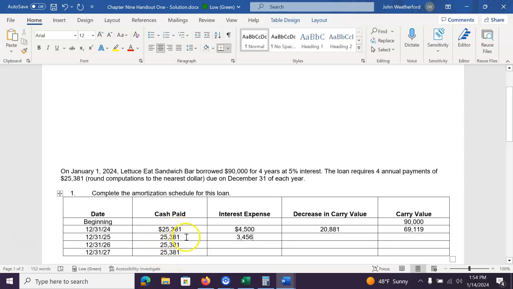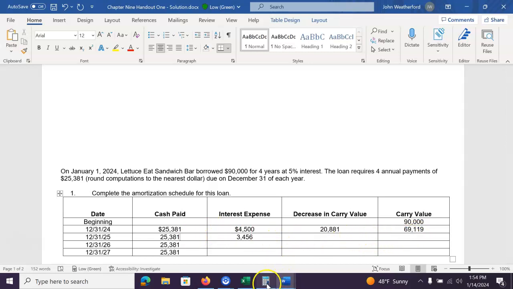So out of this payment, 25,381, 3,456 of it is interest expense for Lettuce here, and would be interest revenue for the lender. And the remainder of this payment would go toward reducing the loan balance.